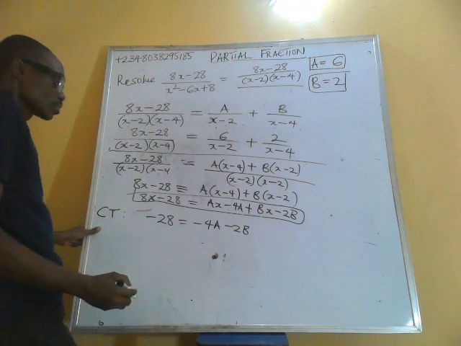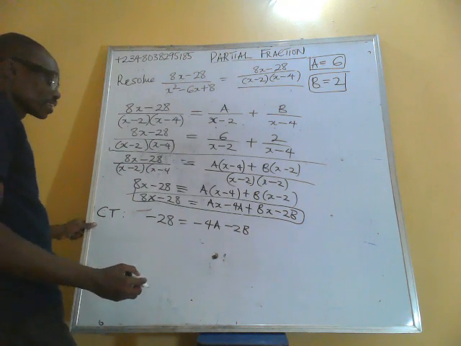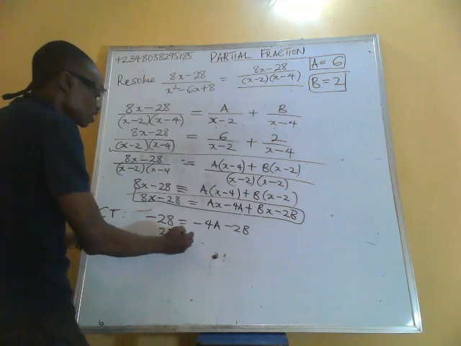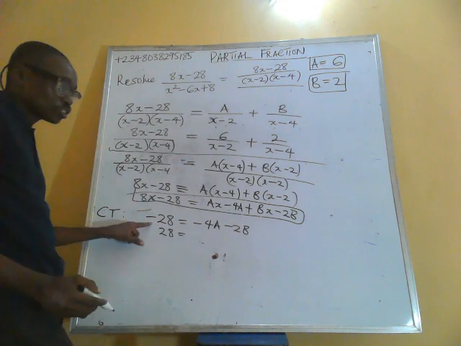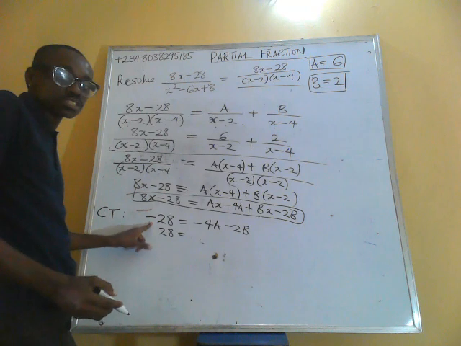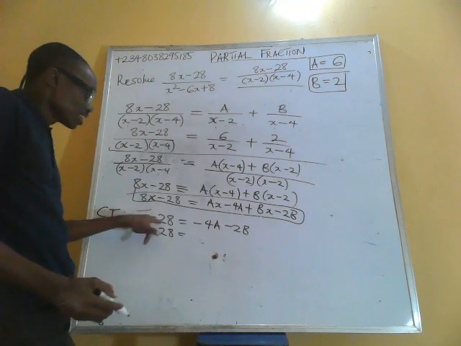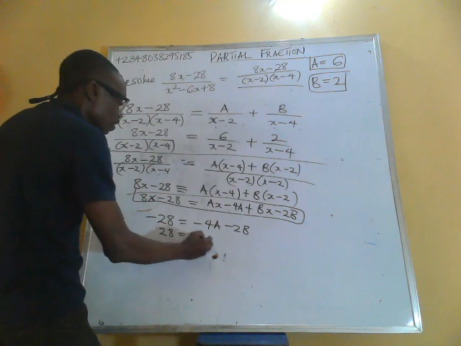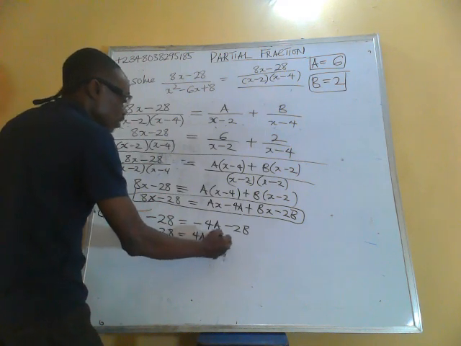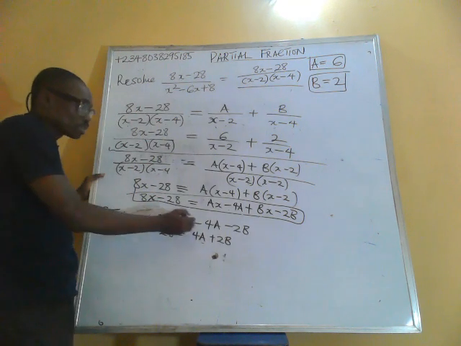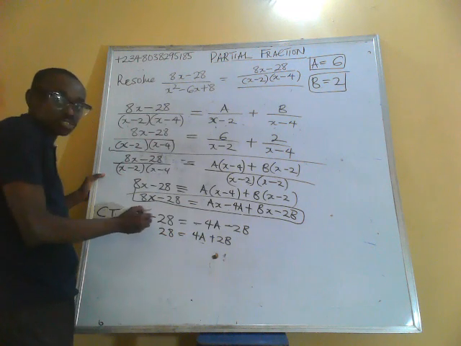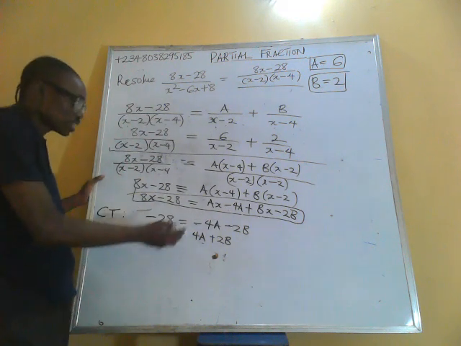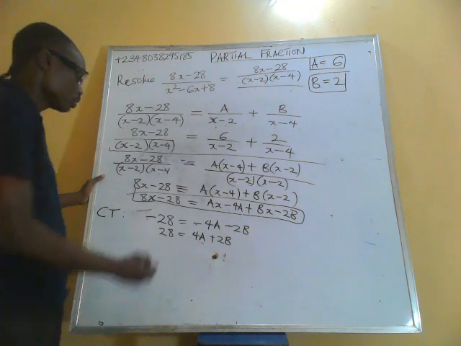So at the end of the day, this can be written as 28 equals to, let's change everything to plus. This is a minus, this is a minus, this is a minus. If I change this one to a plus, I have to change the ones on the right hand side to pluses as well. So we have 28 equals 4a plus 2b.